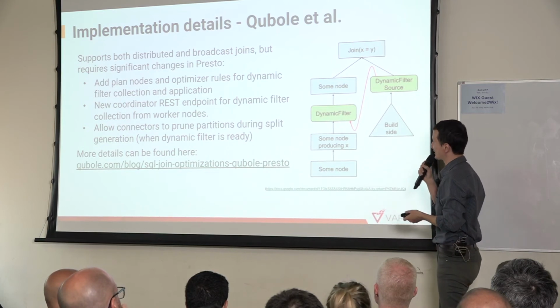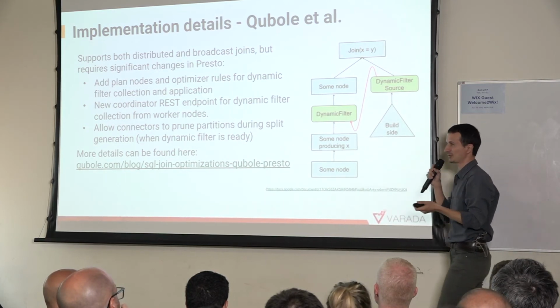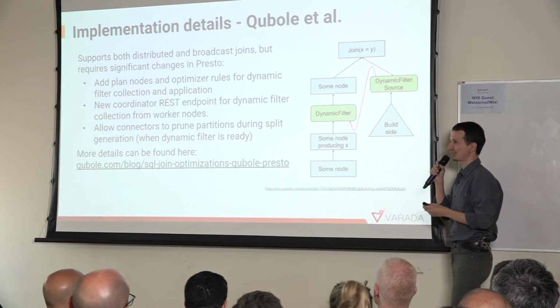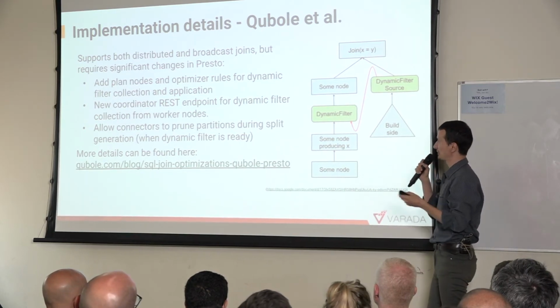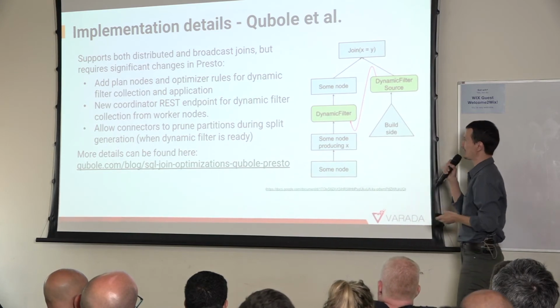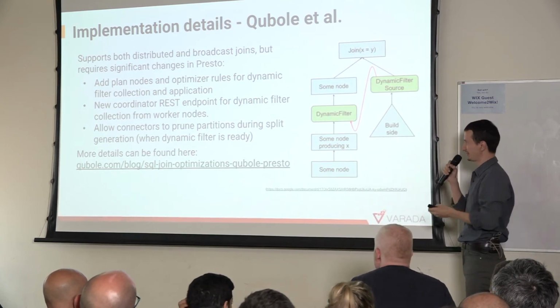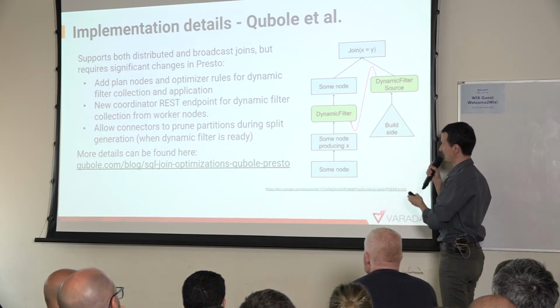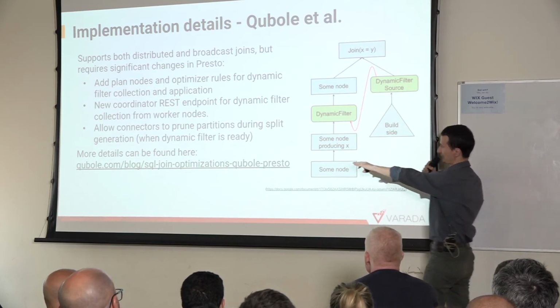And of course, in order to apply them, Qubole and currently the pull request suggests using it for pruning partitions during split generation, which can improve the query performance in some cases, and you can find more details over this link.